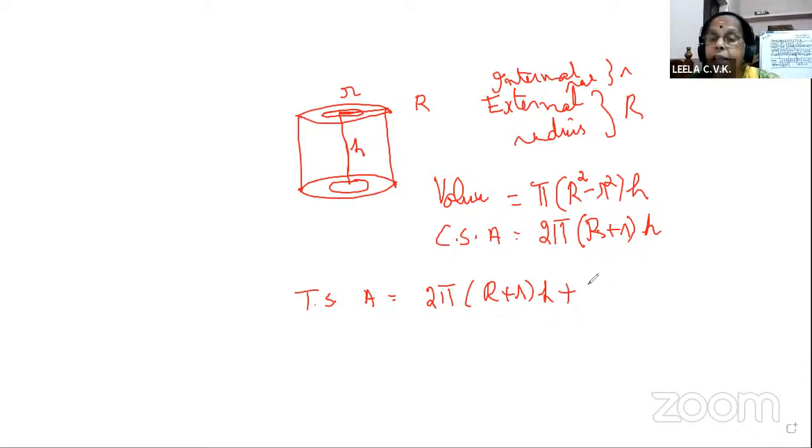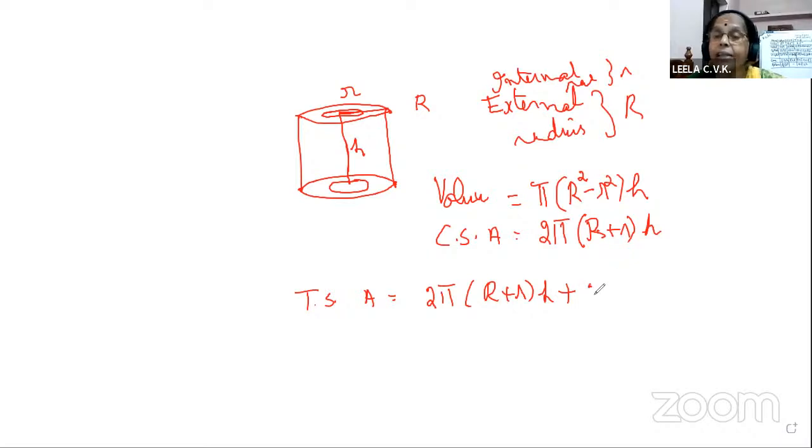This is the curved surface area. Now, what about the base area? Base is a ring area, pi into R square minus R square. This also pi into R square minus R square. Do you get that? Pi into R square minus R square. So how many are there?